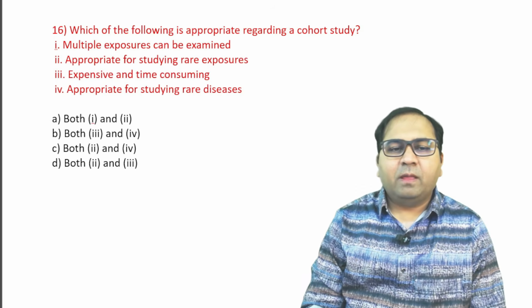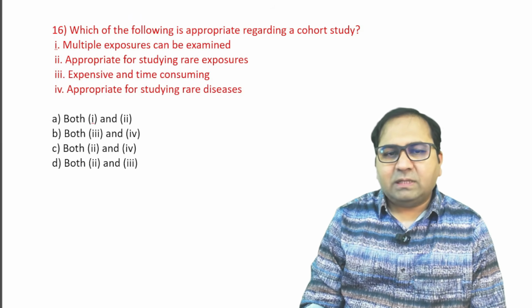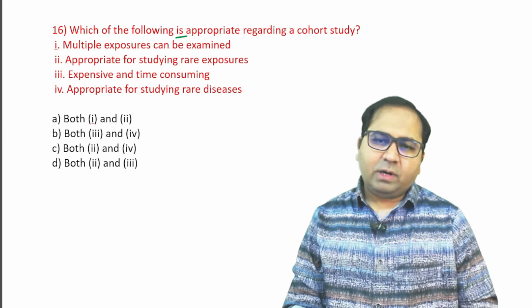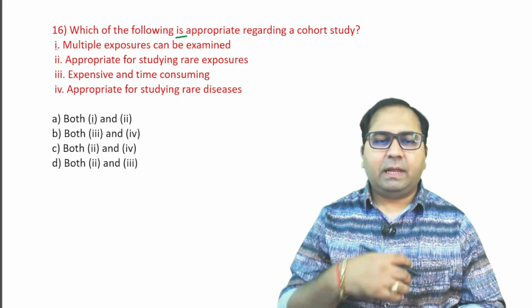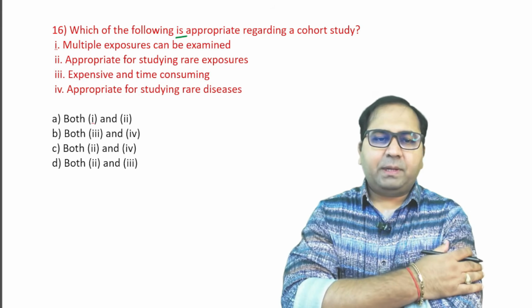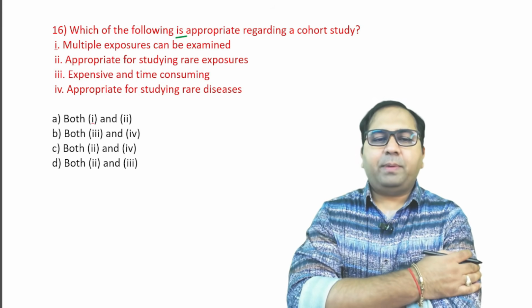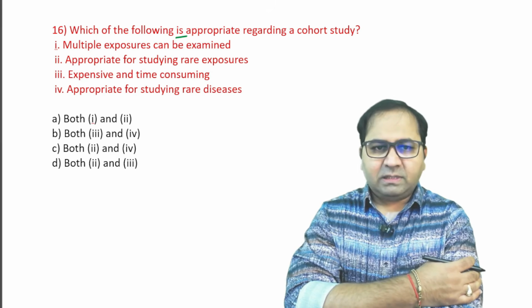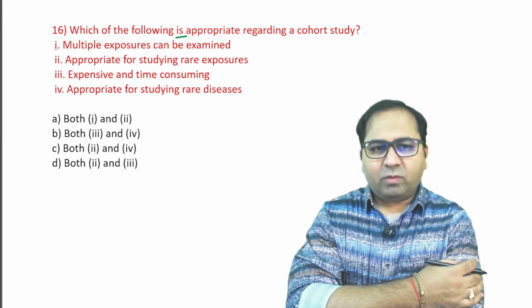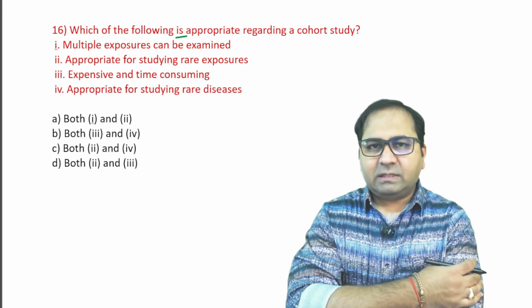Next question. Which of the following is appropriate regarding a cohort study? The options they have given are statements. Statement A: multiple exposures can be examined. Second statement: appropriate for studying rare exposures. Third statement: it is expensive and time consuming. Fourth statement: appropriate for studying rare diseases.